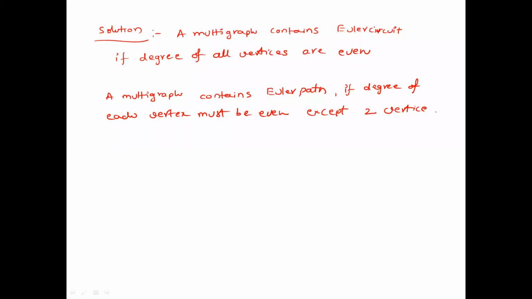That means all must be even, but two vertices can have odd degree. Exactly two vertices can have odd degree.